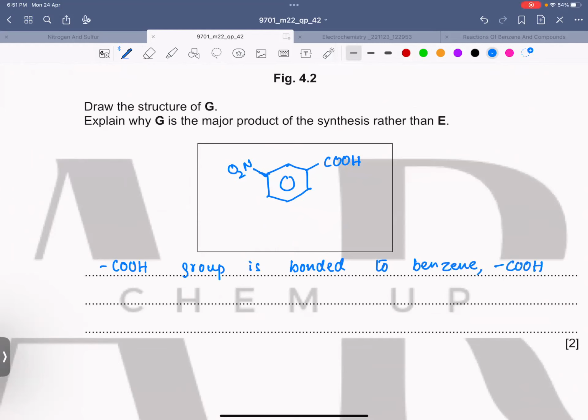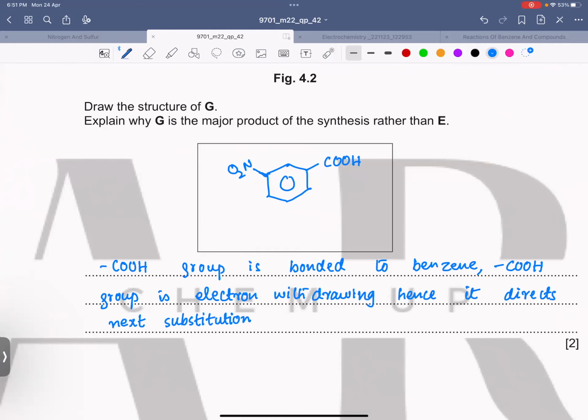This COOH group is electron withdrawing, hence it directs the next substitution at the 3, 5 positions.